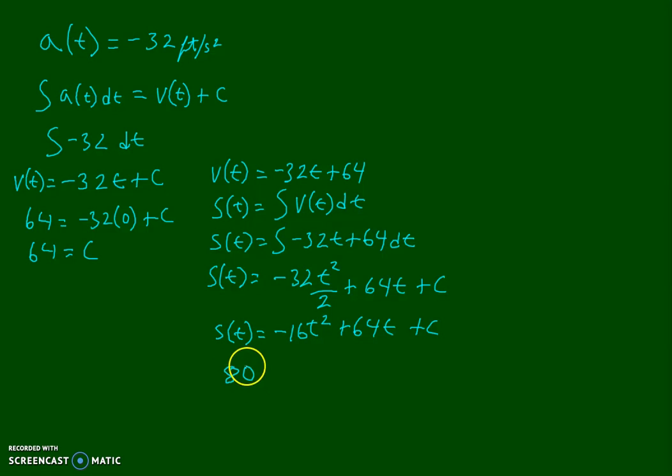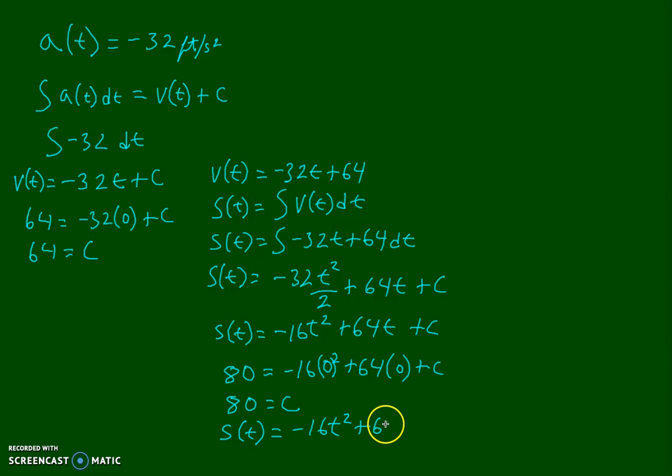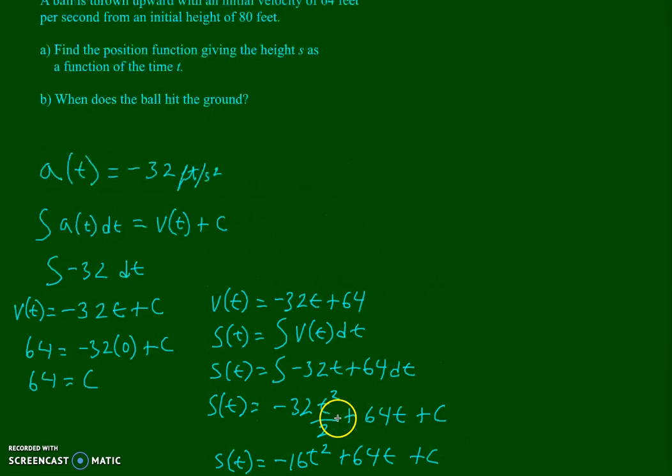And it's 80 feet when t equals 0. And as you can see, our c is simply going to be 80. So our position function, s of t, is negative 16t squared plus 64t plus 80. So there's our position function, and that's what we were looking for in part A.